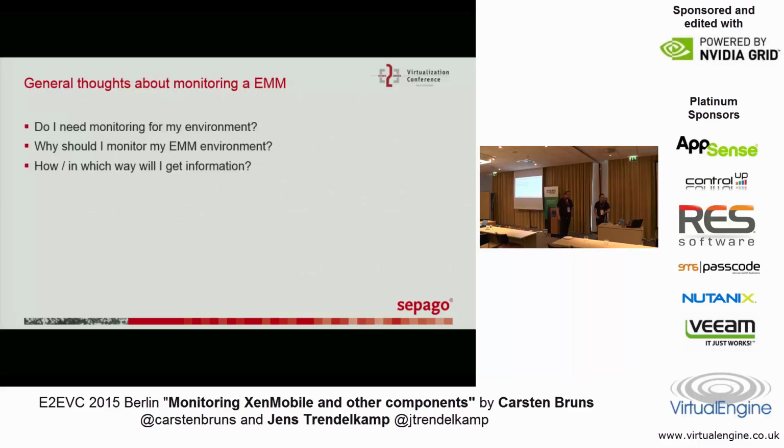Or do I have existing monitoring systems which I can use? So I have to decide in which way I will get my information. And which kind of information is important for me?